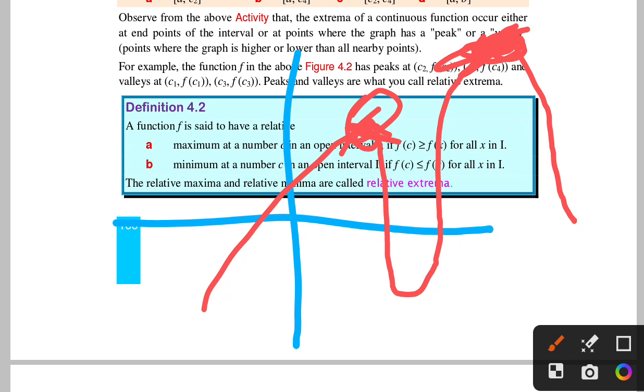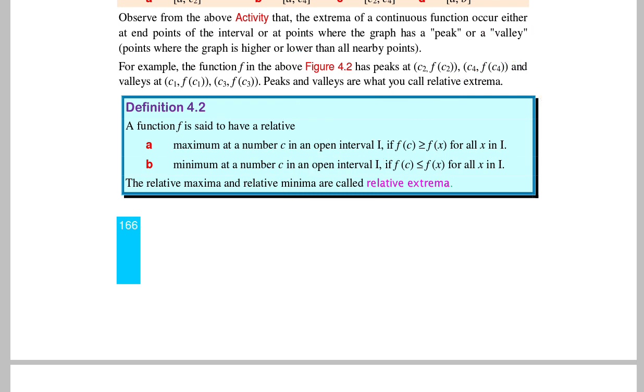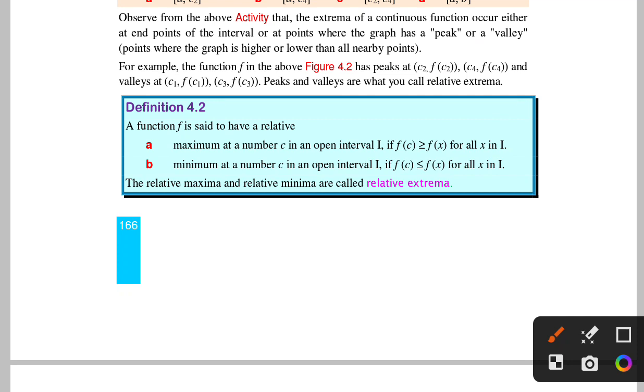Suuraa kanarratti, functioning if a function is said to have relativity, maximum at number c in open interval.